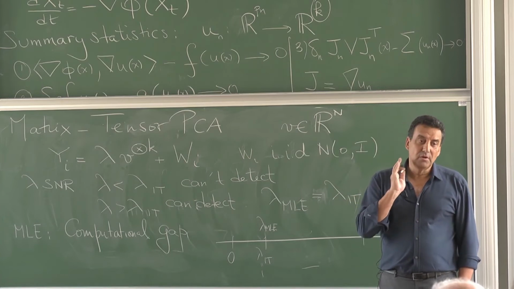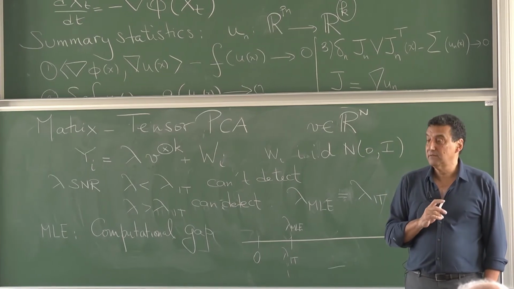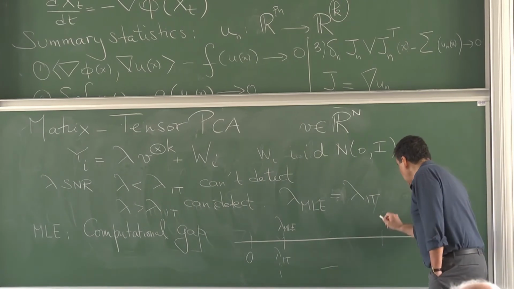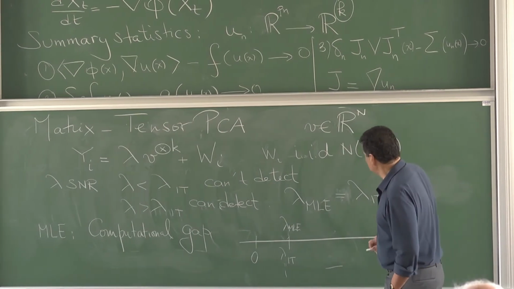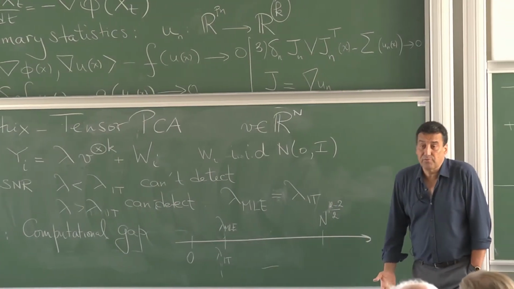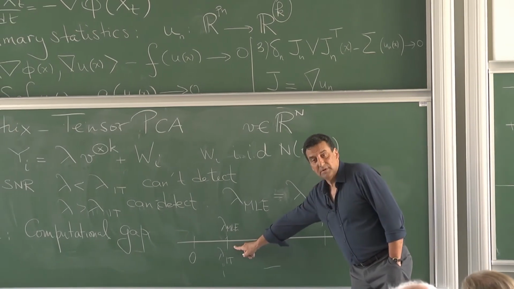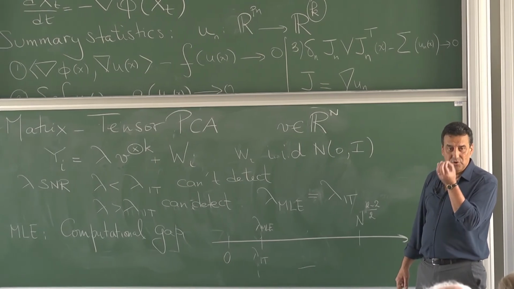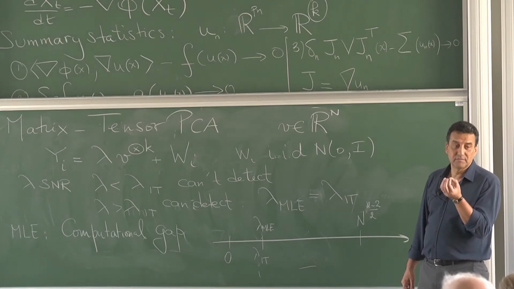Whether you take gradient descent, Langevin, stochastic gradient descent, or approximate message passing, they all work at the same threshold, which is n to the (k minus 2) over 2. So if you have a 3-tensor, this would be n to the 1/2. So this is a huge gap. In this region here, the maximum of the likelihood is a decent estimator of your signal V, but you cannot find it, right?